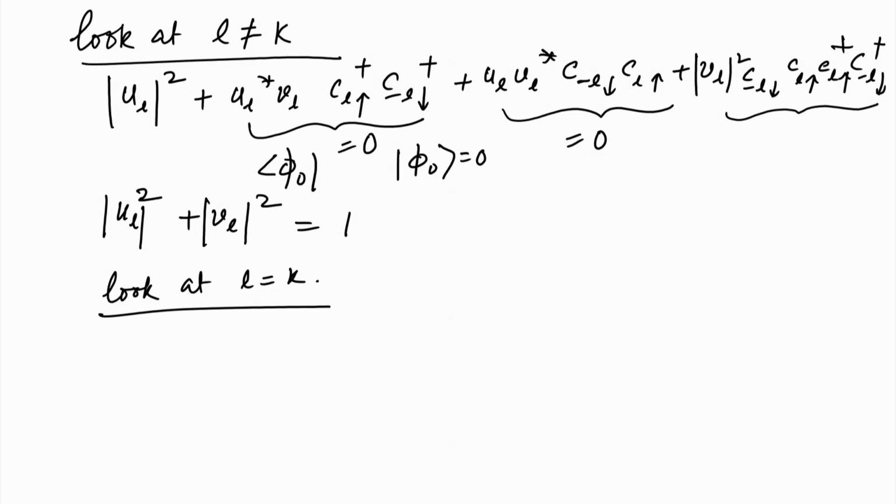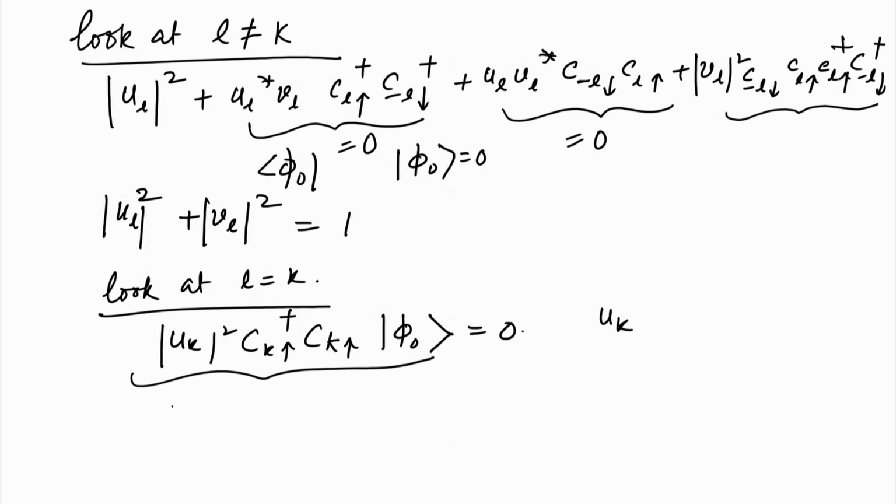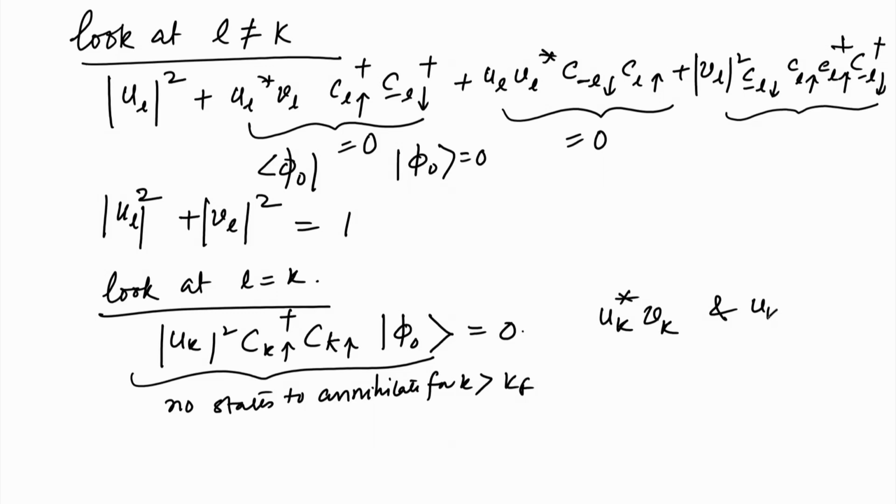If you look at it carefully, you will have a term |u_k|² c_{k↑}† c_{k↑} acting on φ0 would give me 0, because there are no states to annihilate for k greater than k_F. And the cross terms, both u_k* v_k and u_k v_k*, will give 0 for the same reason as told above.